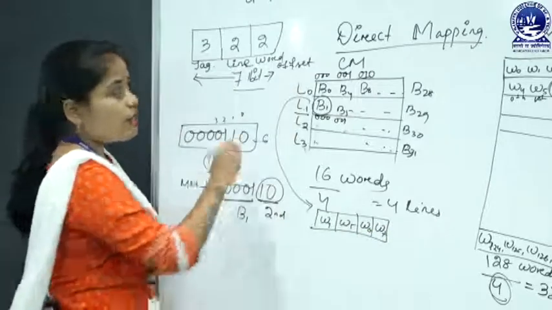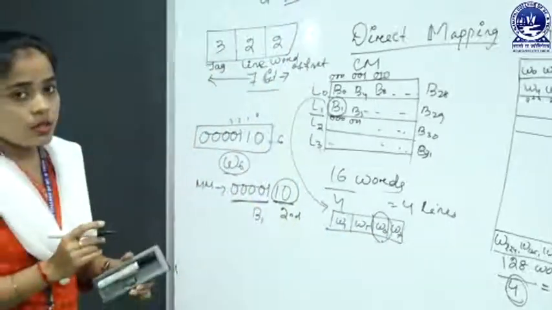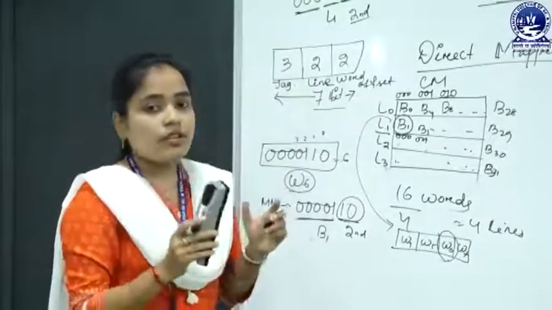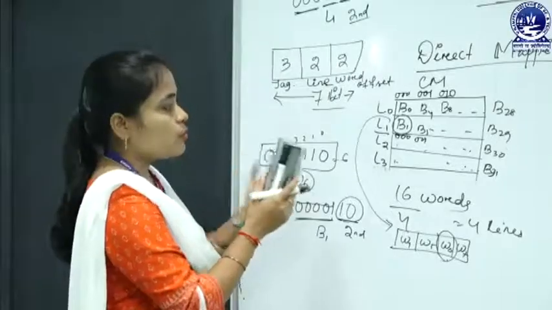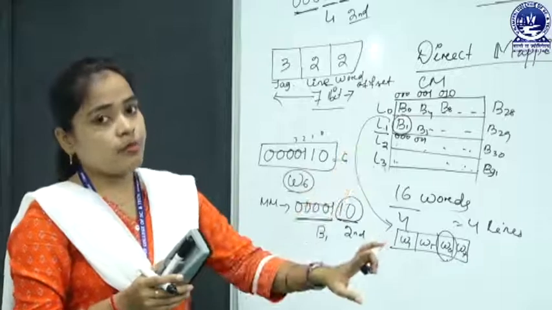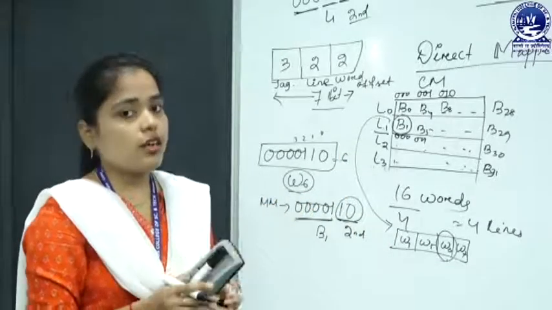And what is the position of the word? The second position. That means W6. So like this, you can get the position of a word in the cache memory and also in the main memory by decoding the address generated by the CPU.